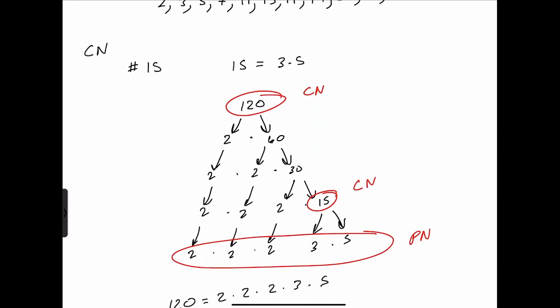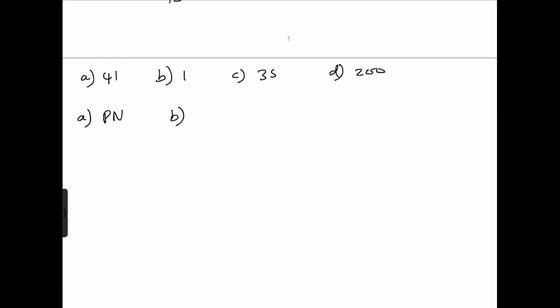And it has to have a factor other than 1 and itself to be a composite number. So the number 1 is neither a prime number nor a composite number, because prime and composite numbers must be greater than 1. So we're just going to use NE for neither, because we're classifying these numbers.